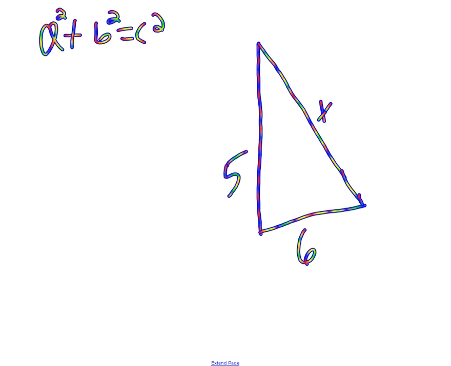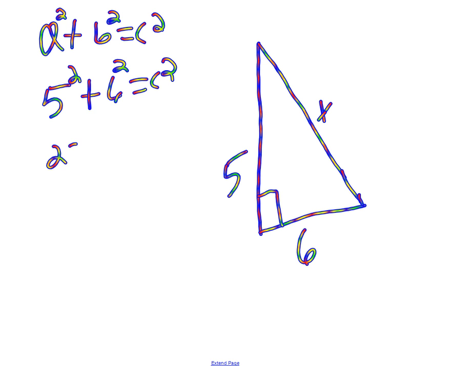Where's the right angle? Right here. And what side is always across from the right angle? The side that's always across from the right angle is c. So then you replace 5 and 6 for a squared and b squared. 5 squared is 25, and 6 squared is 36.